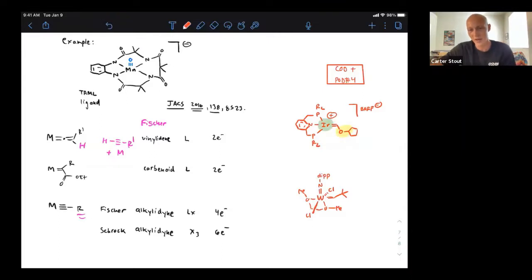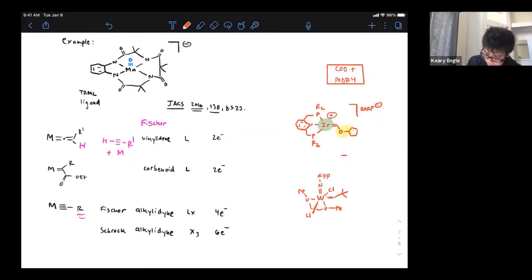See, in my head, I'm thinking of a Lewis structure where I would push down the electrons from oxygen. Is that the correct way to think about something like this? Well, you can. I think sometimes it's helpful to maybe just draw this like so. Here's your carbene, your singlet carbene.